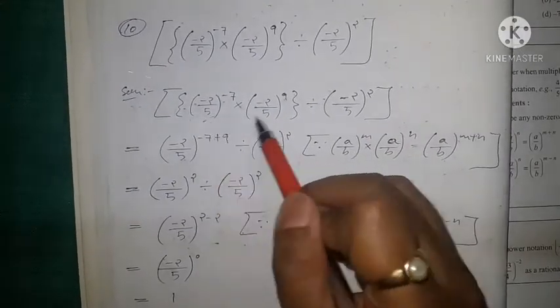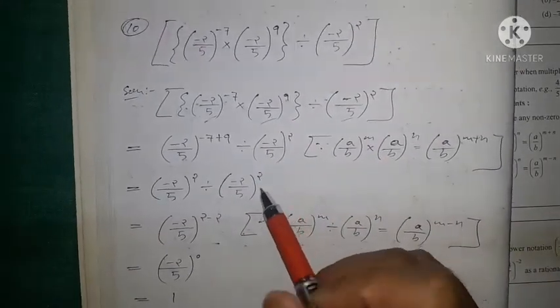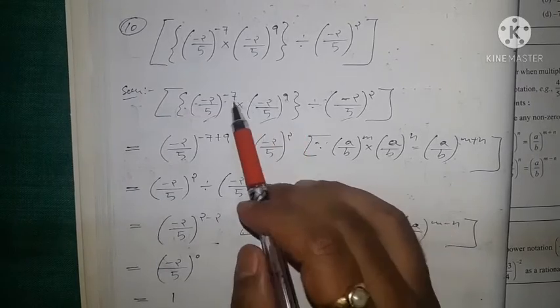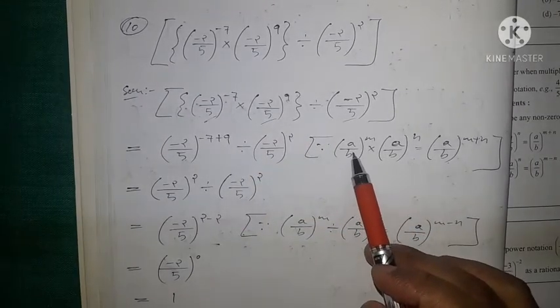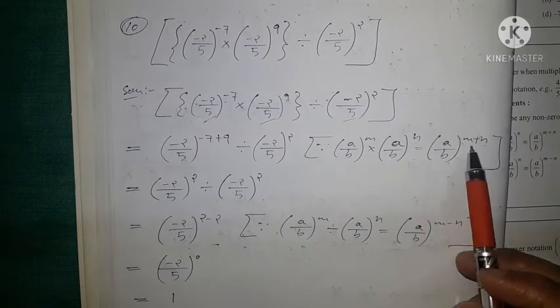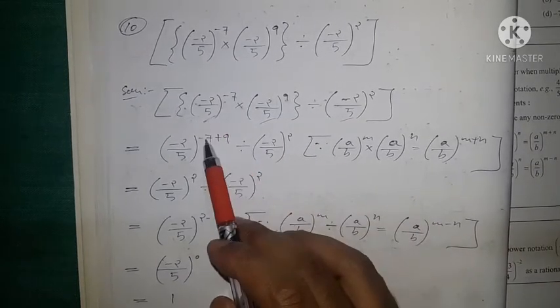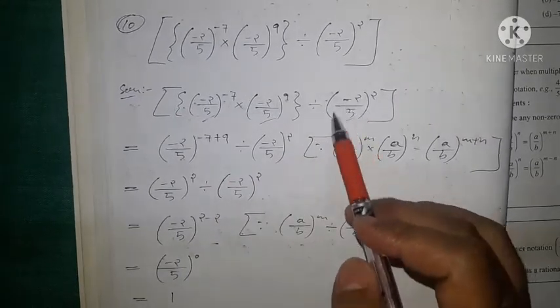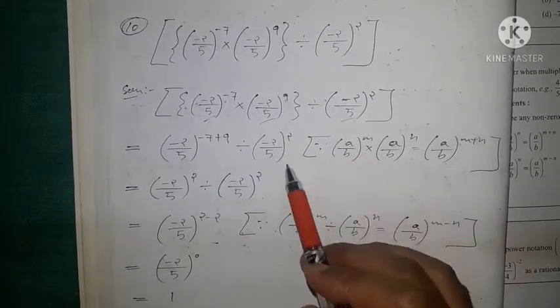As we can see, the base is the same in all the cases. When the base is the same and it is multiplied, then the powers are added. This is the law: (a/b)^m into (a/b)^n is (a/b)^(m+n), so the powers are added, therefore -7 plus 9. Again the division remains as it is, (-2/5)^2.